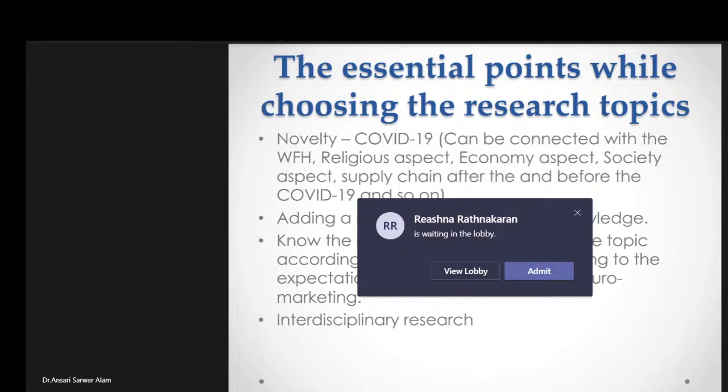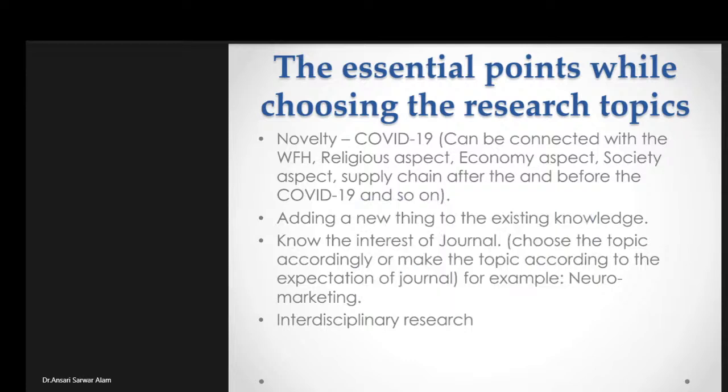So my dear participants, what I did, I went to the journals of interest, and I came to know that there are journals which publish research work related to neuromarketing.